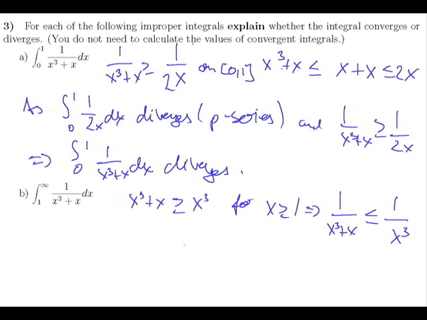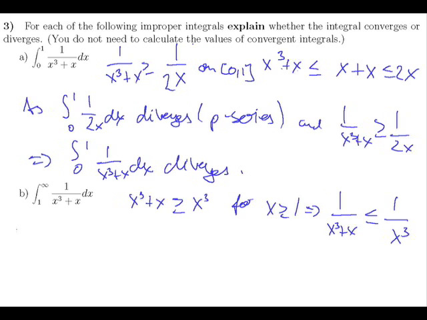Why did we compare with x cubed this time and not with x? Well, we want to show convergence. We want to compare with an integral which converges, and the integral over 1 over x cubed from 1 to infinity converges, while the integral over 1 over x diverges. So that's why we picked the x cubed term.